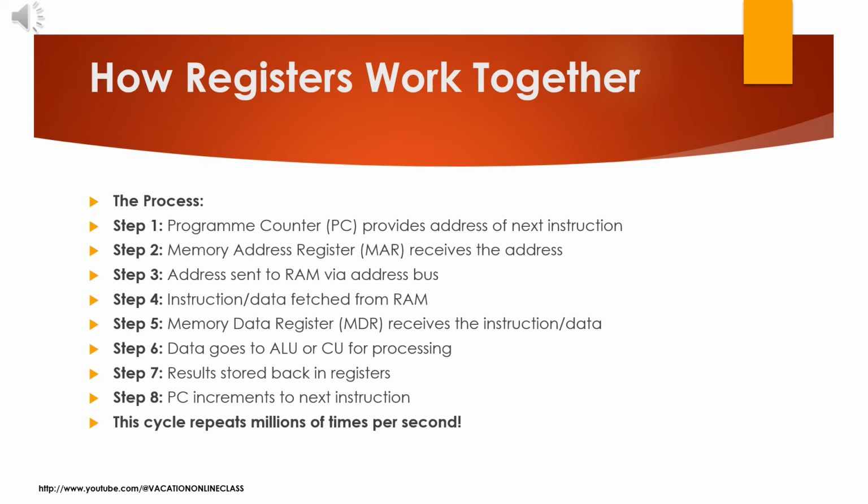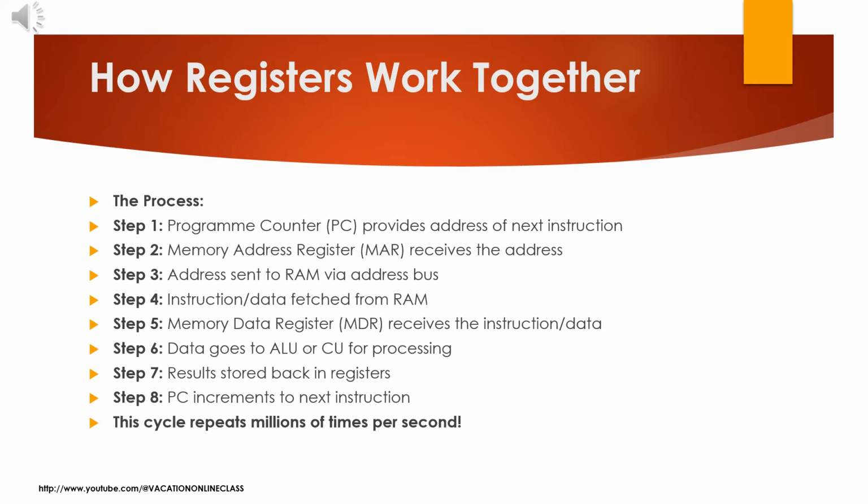By steps 4 and 5, the instruction or data is fetched from the RAM. It travels back and is caught by the memory data register, which acts as our temporary holding area. In step 6, that data is moved to where the work happens, either the ALU for calculation or the control unit for decoding.